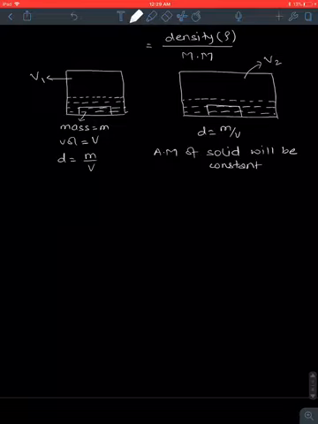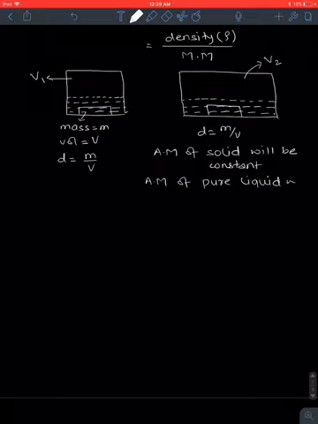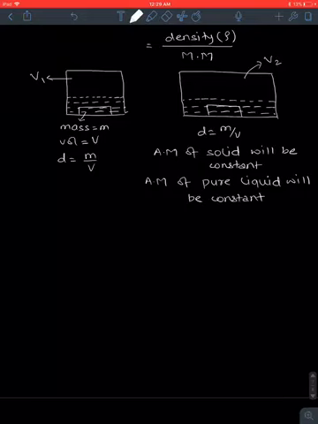If density is not changing, active mass will not change, and that is why we write that the active mass of pure liquid will be constant. Clear?